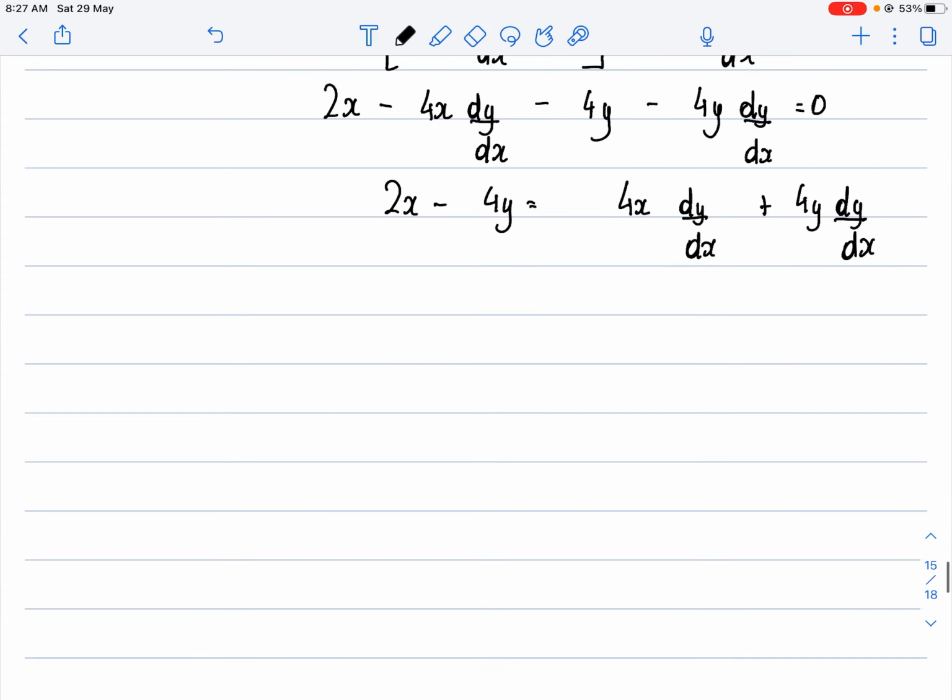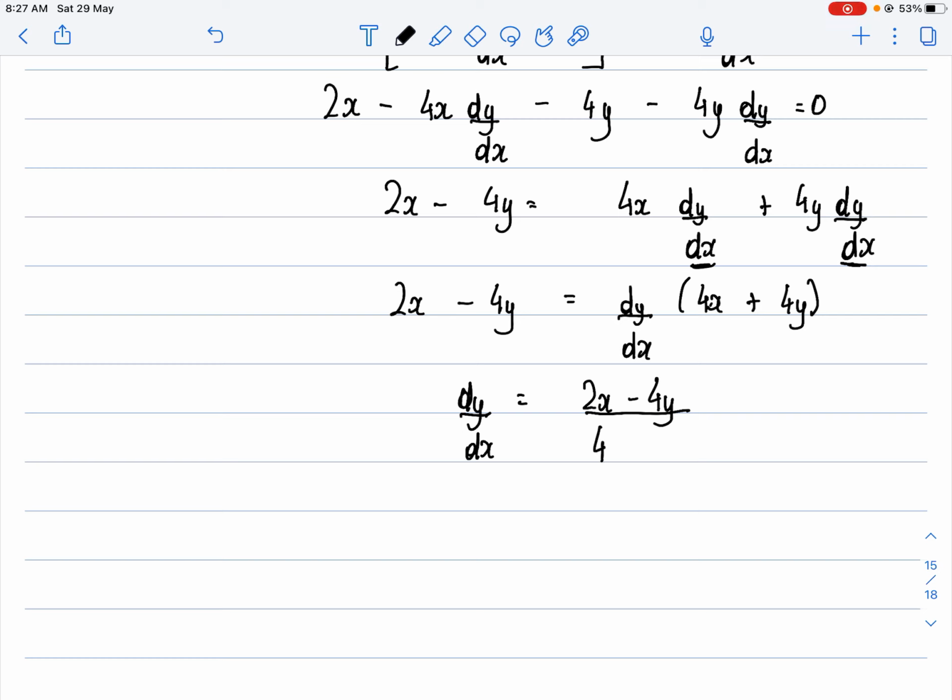Now I can take dy by dx common here and write this as 4x plus 4y. So dy by dx equals 2x minus 4y over 4x plus 4y. This is the expression I have for dy by dx.